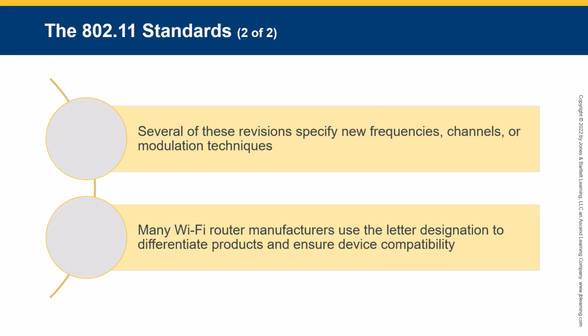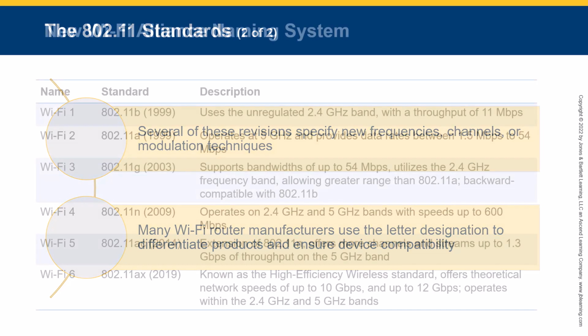Router manufacturers will use the letter to designate the different products to ensure capability. That way, if you're looking at a wireless network from 2003, realistically, you're probably doing 802.11g, but there is an actual structure for that.